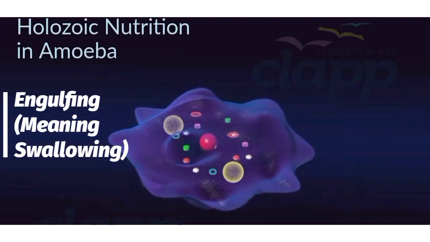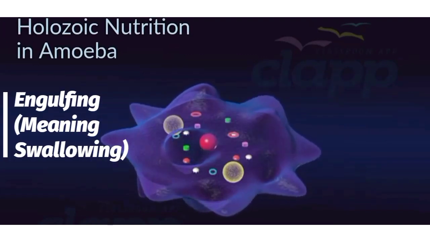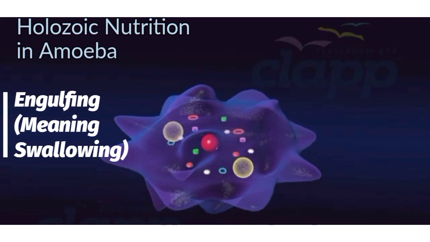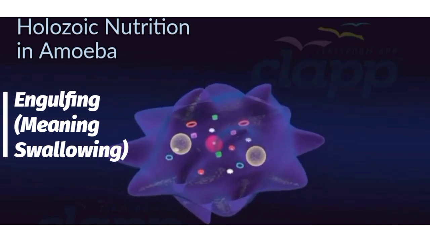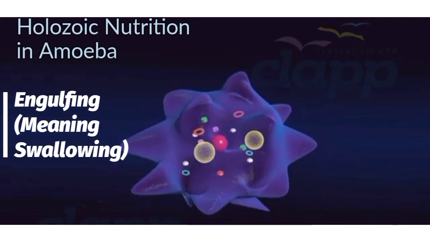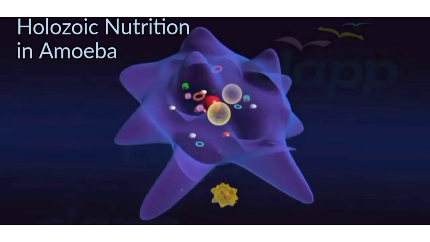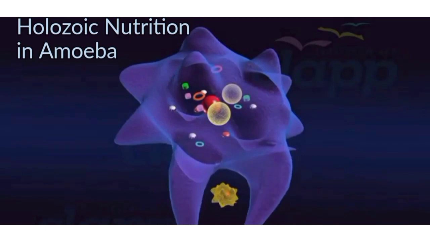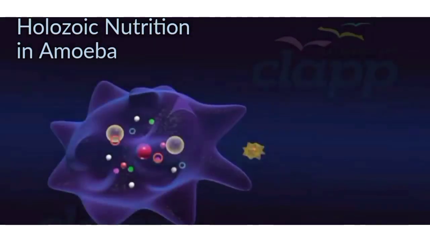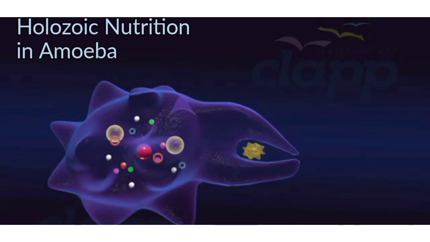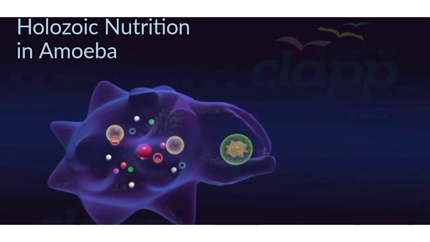When amoeba comes across a food substance, which may be other microorganisms like detritus and bacteria, it extends its pseudopodia and forms a pocket around the food substance.